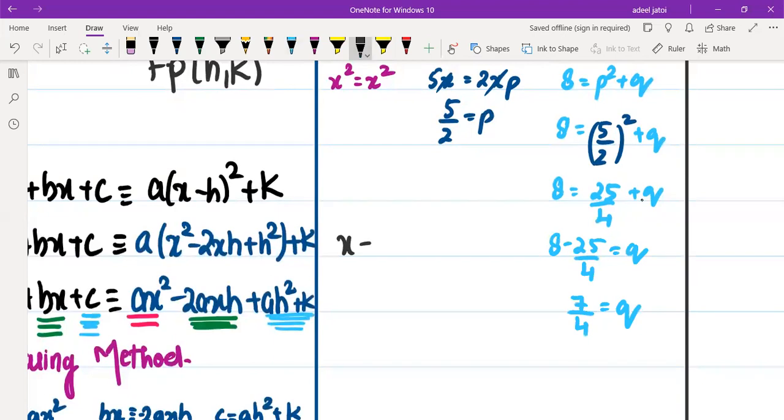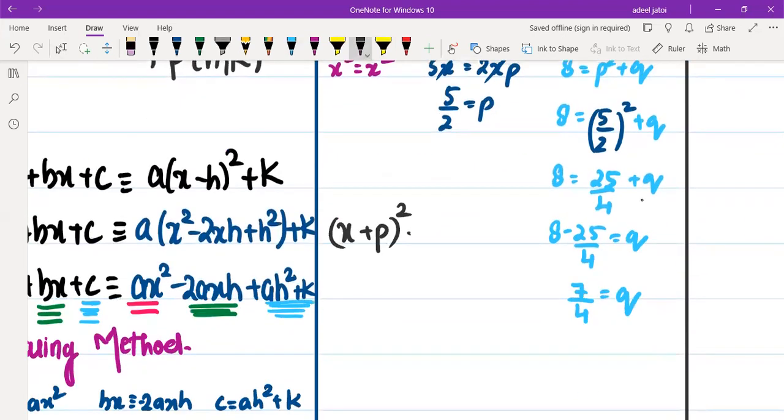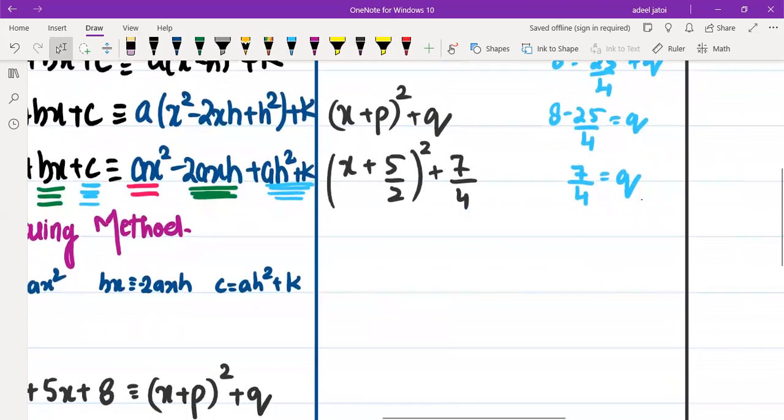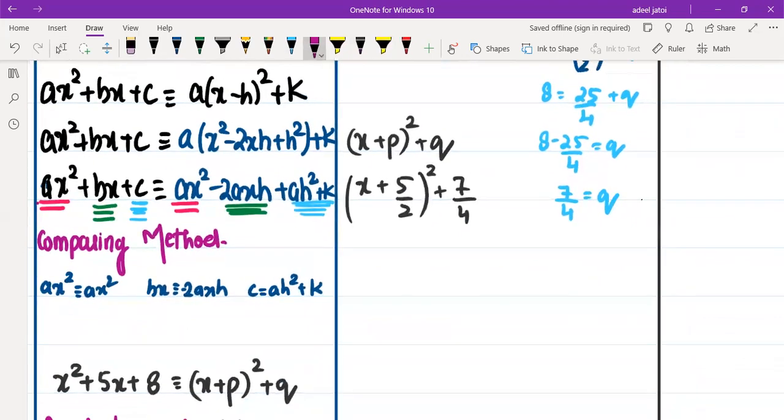The question had (x plus p) whole square plus q. So the equation would be (x plus 5 upon 2) whole square, and q should be 7 upon 4. Now, as I said, the question was x square plus 5x plus 8, and this is (x plus 5 upon 2) whole square plus 7 upon 4.